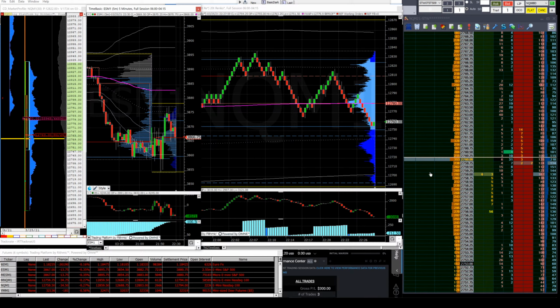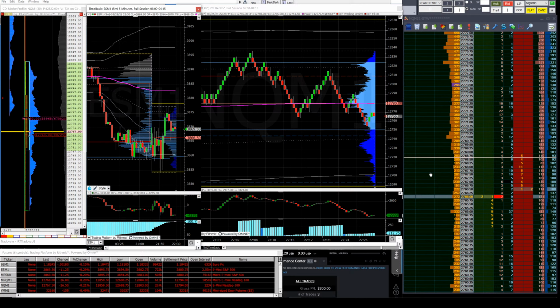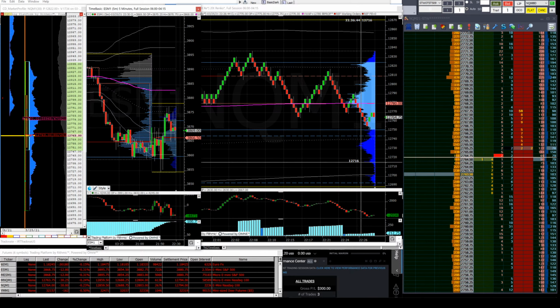Well, value area low dropped down a bit. 2 minutes to the bottom of the hour, I think. Yeah. Now they're going to come up and down and back and forth and whatever else here.